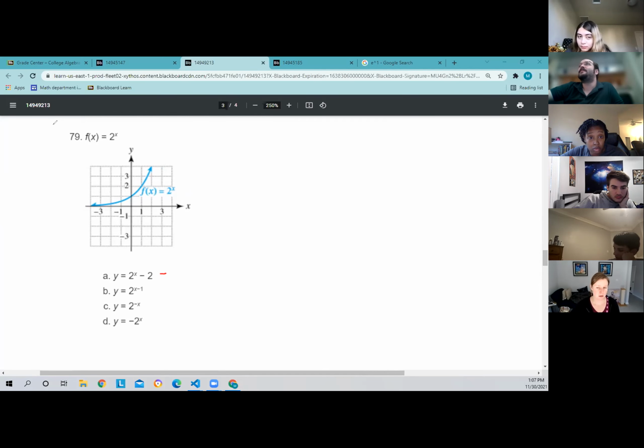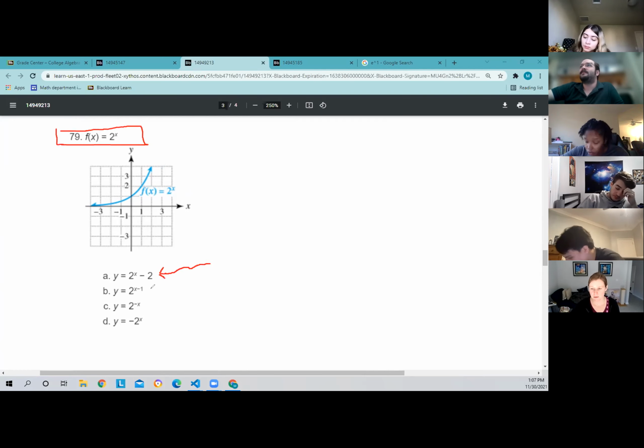Okay, so we're starting out with this base function 2 to the x. If we look at something like this versus something like this, I want to know whether this graph transformation is going to happen to my x values or my y values.